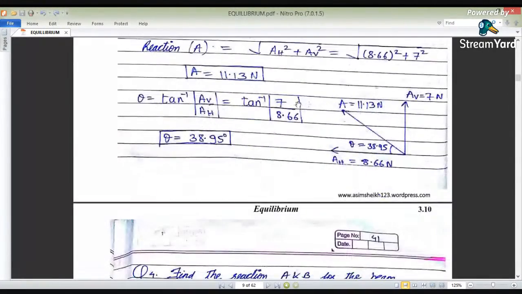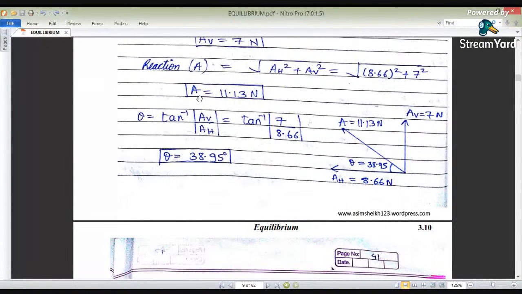So here we have calculated the values. We have calculated the resultant at point A, and in the same way we have calculated theta, that is the vertical upon horizontal, and theta comes to be 38.95 degrees. Always this angle is to be applied along the horizontal direction.